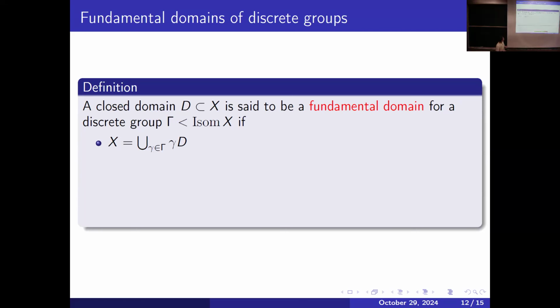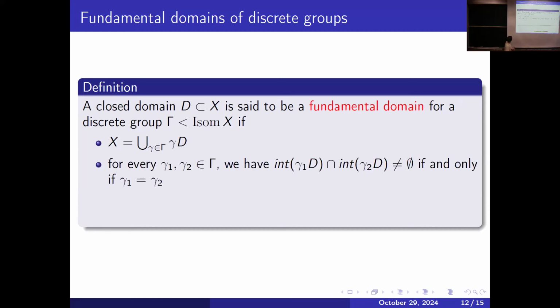One can simply write that as gamma times D. The first condition implies that every orbit of gamma intersects with D, right?